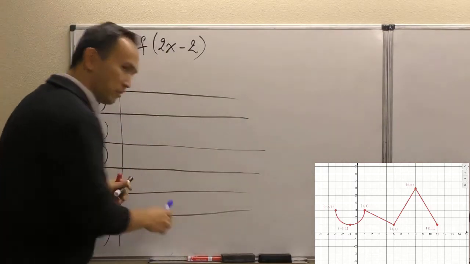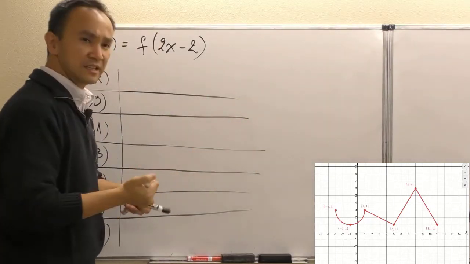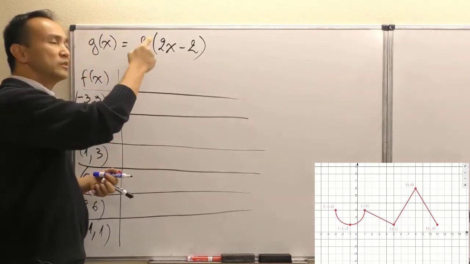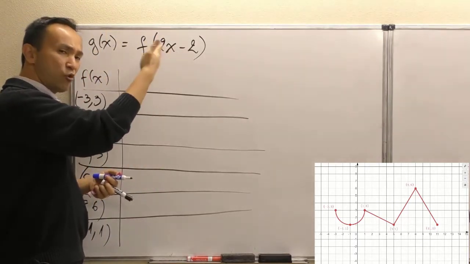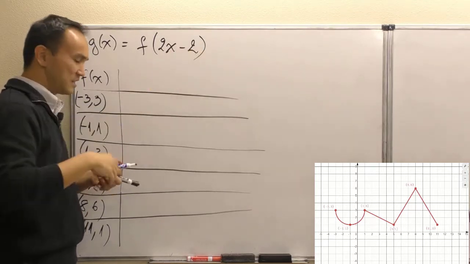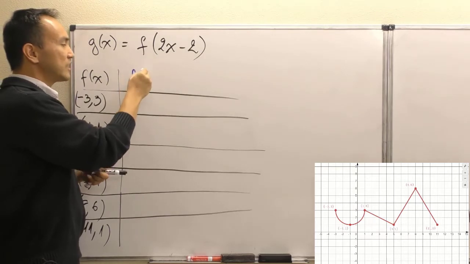So now, as a multi-step transformation here, and like I said earlier, we want to stay in that rule where we do the horizontal scaling first before the shifting. And so we think about producing f of 2x.